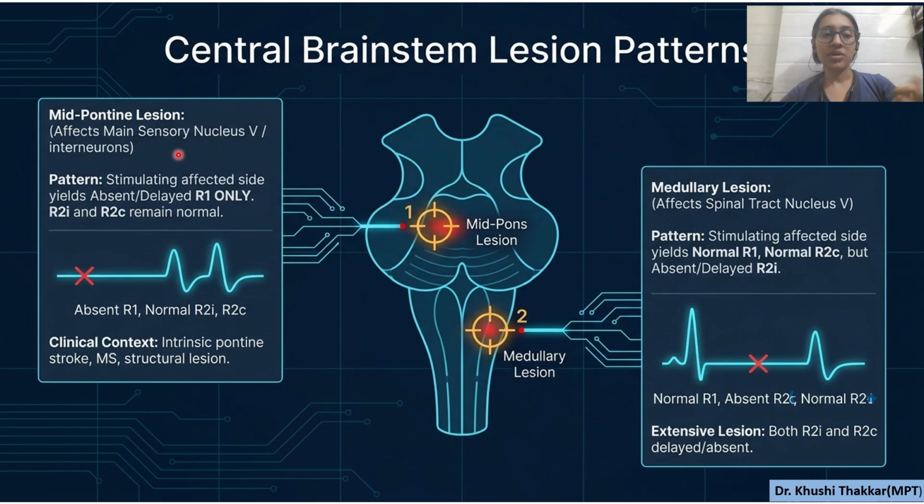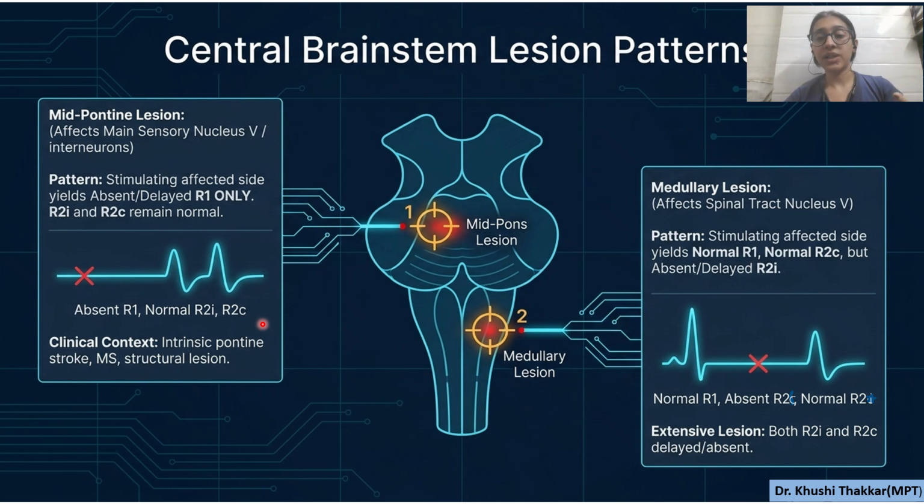So if your same side main sensory nucleus is affected, all that is going to be affected is absent or delayed R1 only. R2, ipsilateral and contralateral, are coming from the spinal tract nucleus, so those are going to remain absolutely normal, right? So this tells us that the lesion is exactly inside the pons. So it can be a pontine stroke, SOL inside the pons, or MS or any structural lesion.